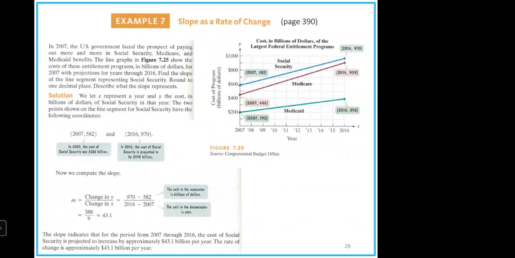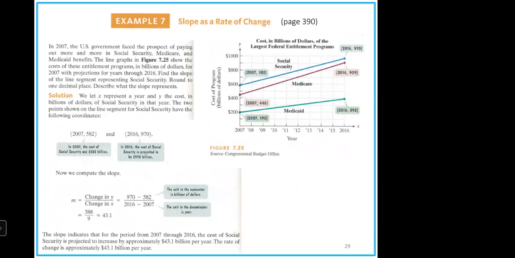So here we have a graph, and the graph is showing you the costs in billions of dollars of the largest federal entitlement programs. Of course, this would be the US. They have 3 programs mentioned there: Social Security, Medicare, and Medicaid. For Medicaid, in 2007 it was 195 billion, and in 2016 it was 392 billion.